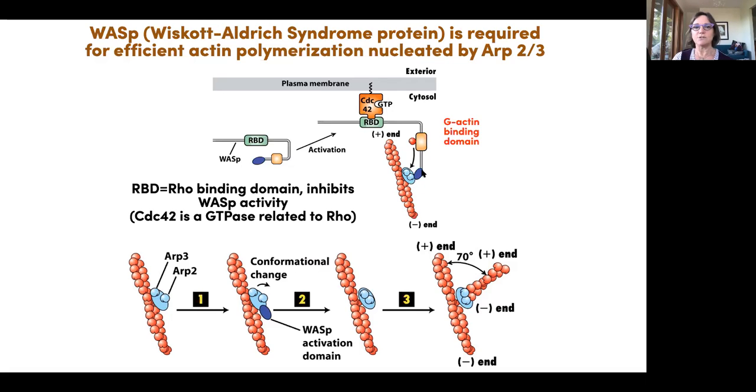And it will do a couple of things. It will enable this domain to deliver actin. It's actually actin bound to profilin, although that's not shown here. And it will also induce a conformational change to the ARP23 complex that promotes the assembly of actin. So it's very highly regulated, just like everything in cells.